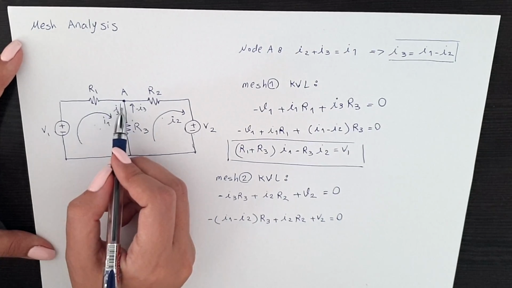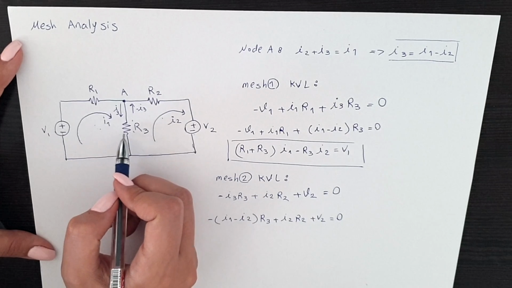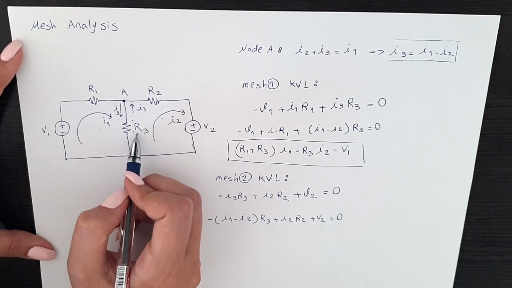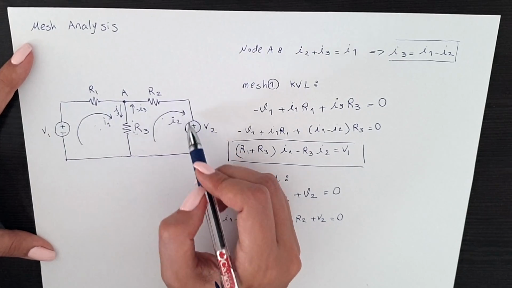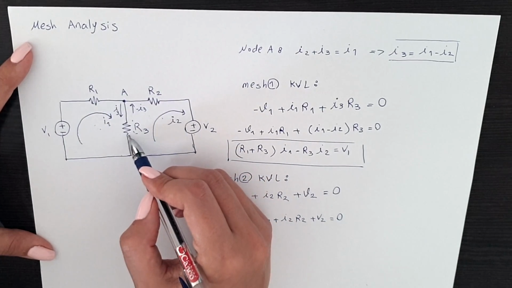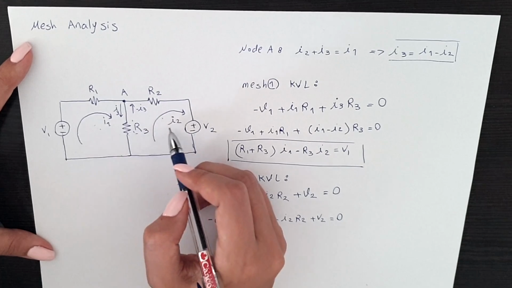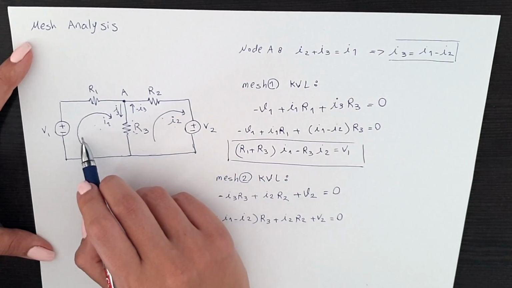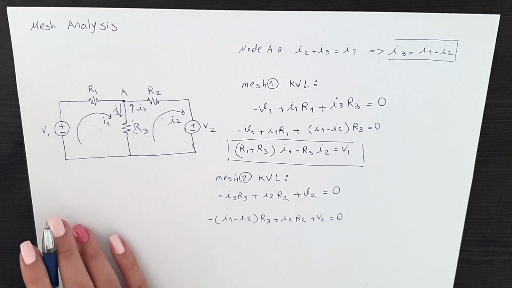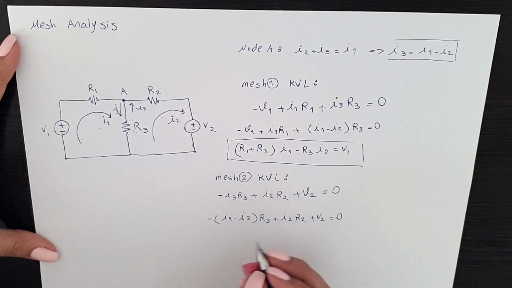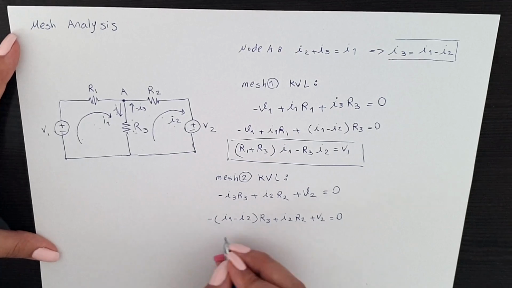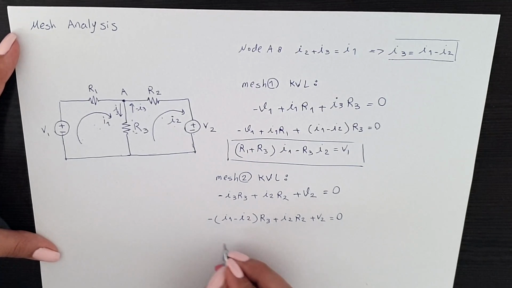So here, when we come here, we say I1 minus I2 multiplied by R3. But if we are in the other mesh and we are writing KVL for this mesh, when we get here, the current is our current, which is I2, minus I1, the other current. After I solve some examples, you're going to understand better. Let's just deal with this equation for now.